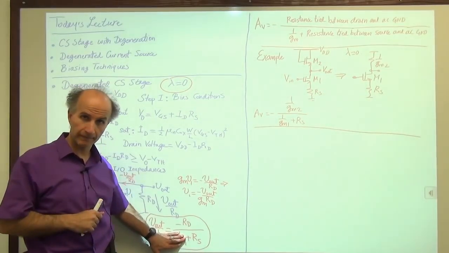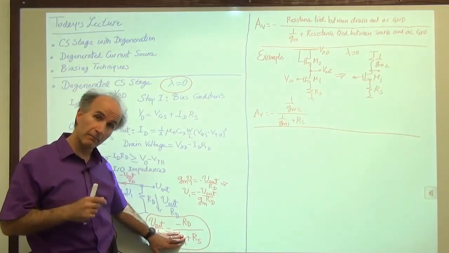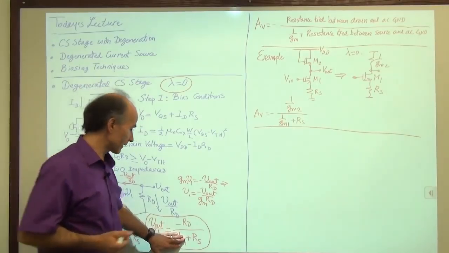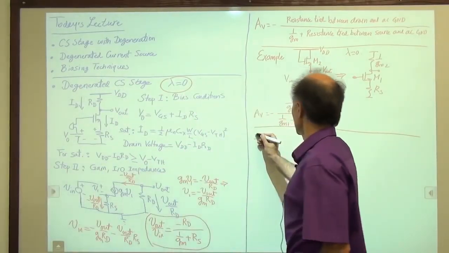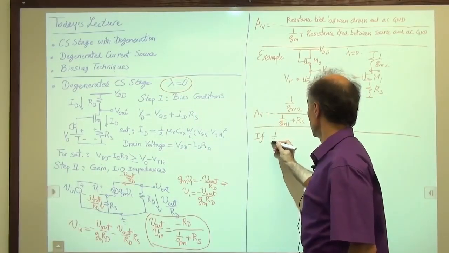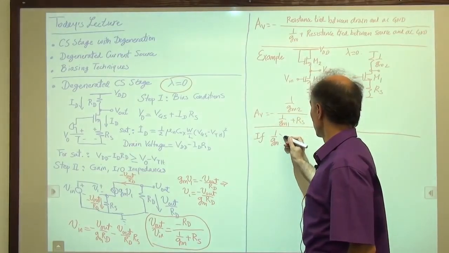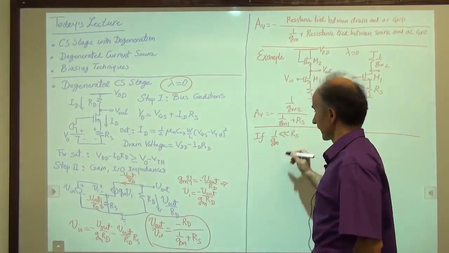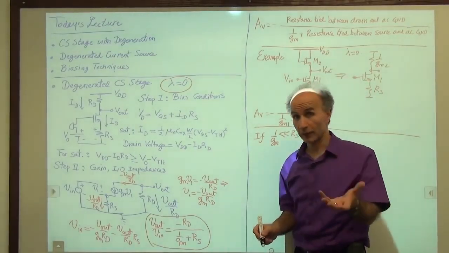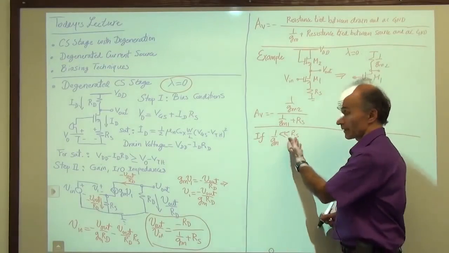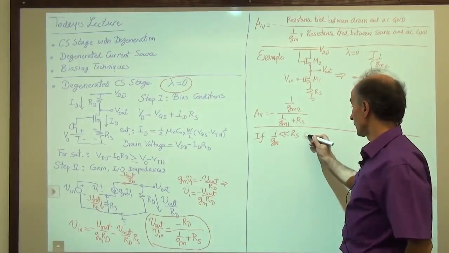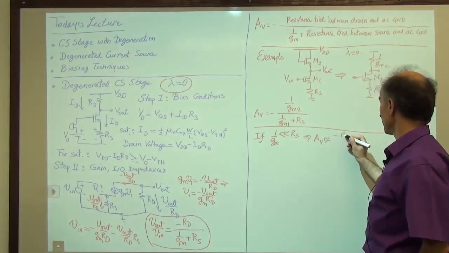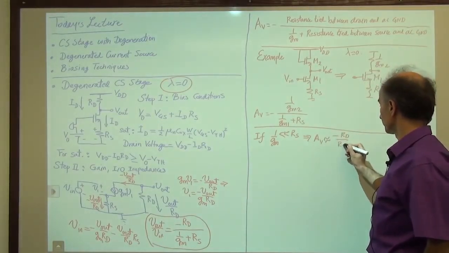In fact, if we manage to do this, it's actually difficult in design, but if we manage to create this condition, 1 over gm is much less than RS. That means that, for example, we chose gm to be quite large, so that 1 over gm is quite small. Then we have Av approximately equal to minus RD over RS.